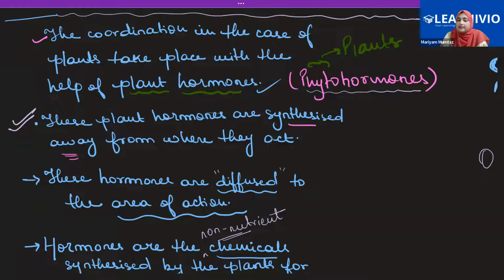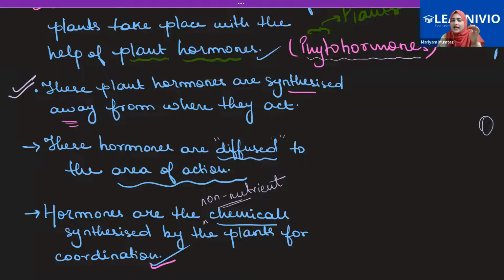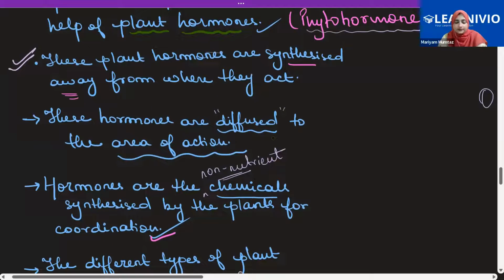So, as a rule, the phytohormones are synthesized away from where they are supposed to act. Whenever these hormones are needed, they will be released from the gland or wherever they are synthesized, and then they will diffuse to the area of action. Clear, students?